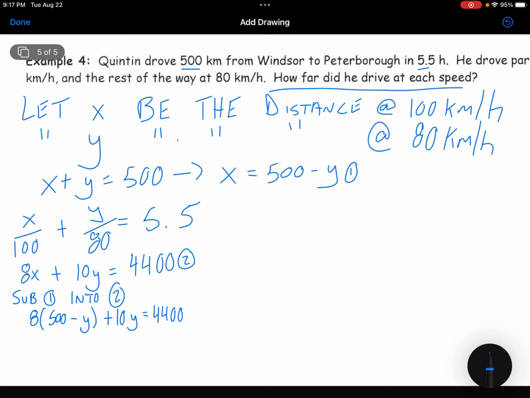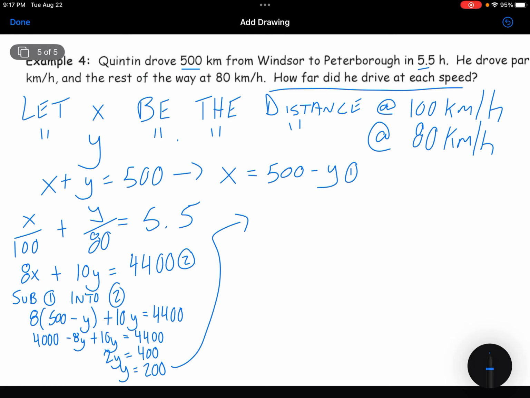So now we're just going to do our algebra. 8 times 500 is going to give us our 4,000 minus 8y plus 10y equals 4,400. We're going to get 2y equals 400, y equals 200.